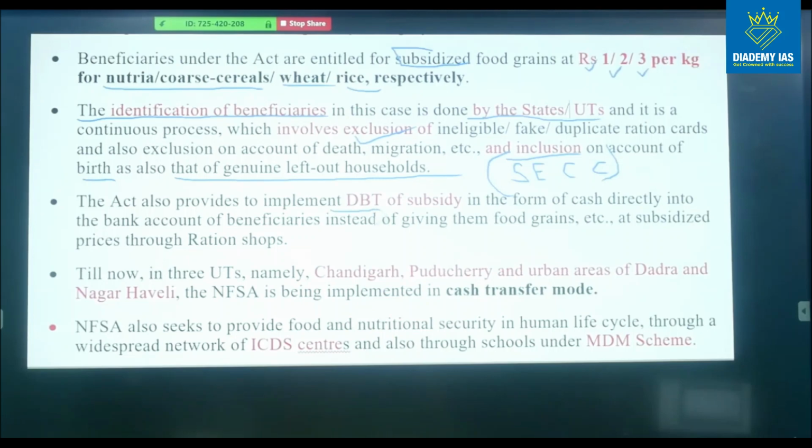Depending upon the state government's condition, and the availability of infrastructure, basically Jandhan, Aadhaar and mobile, the DBT can also be provided. In fact Chandigarh, Puducherry and urban areas of Dadra and Nagar Haveli are using the cash transfer mode. So the DBT mode is being implemented at a partial level.